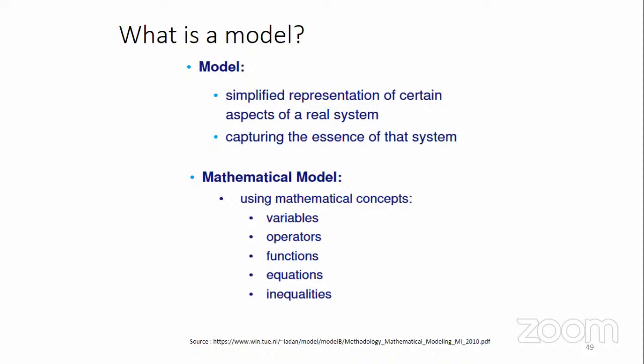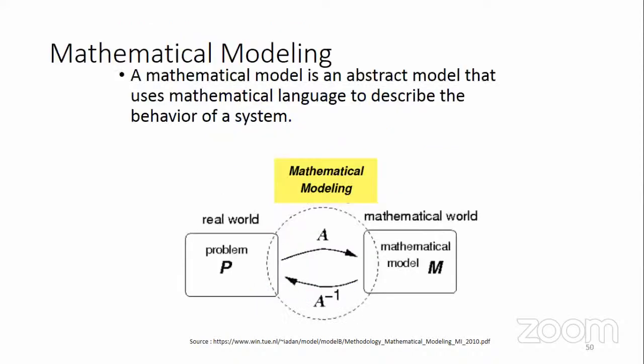Then mathematical model, of course, when you incorporate mathematics into it, you represent it mathematically. So it's called a mathematical model. So what is a mathematical model? In this schematic diagram, it is mentioned here. A mathematical model is an abstract model that uses mathematical language to describe the behavior of a system.